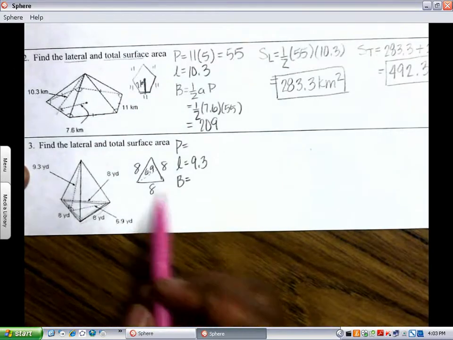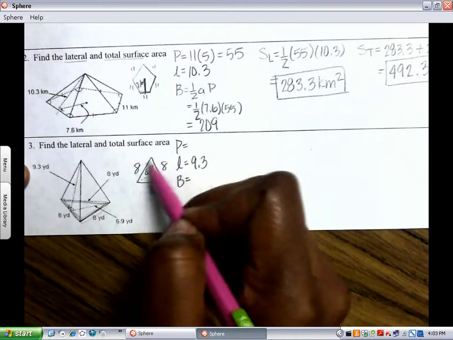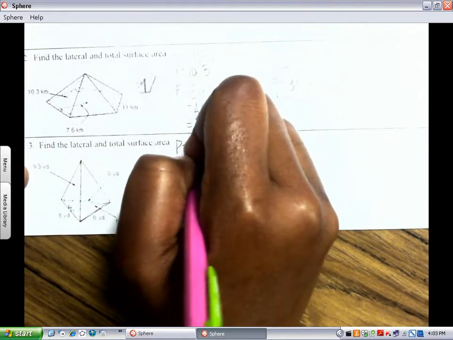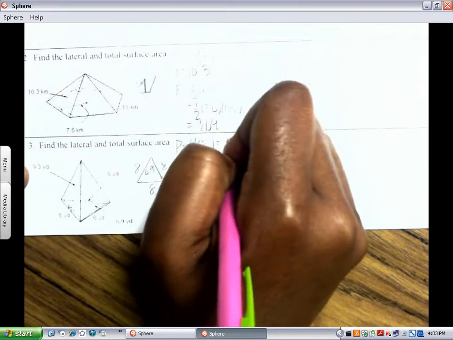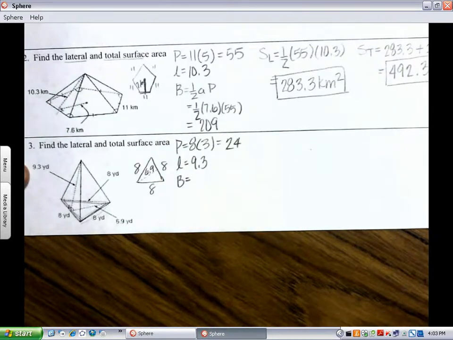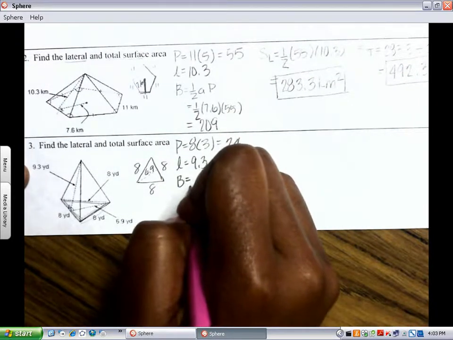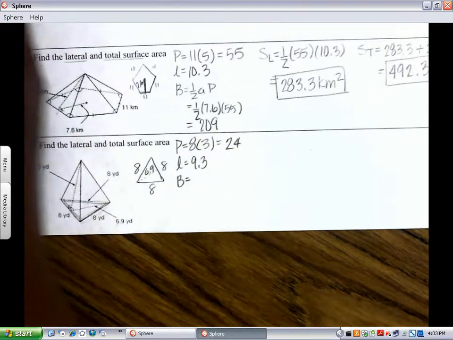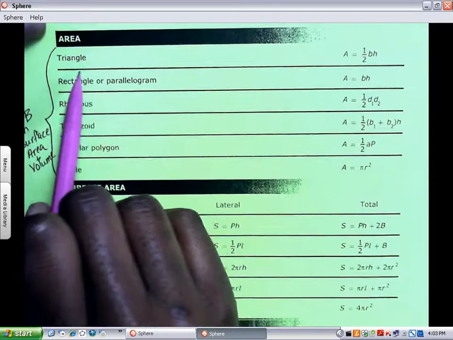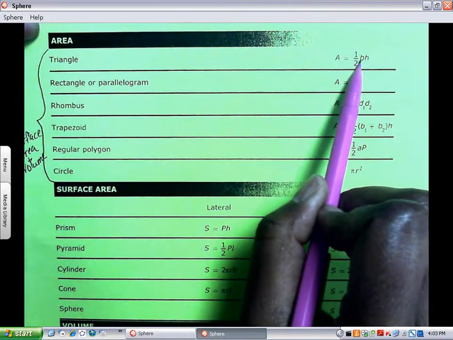So we need to find the perimeter. All the sides are 8. So 8 times 3, 24. Okay? To find the area of the base, this is a triangle. You look at your formula sheet. The area of a triangle is 1/2 base times height.